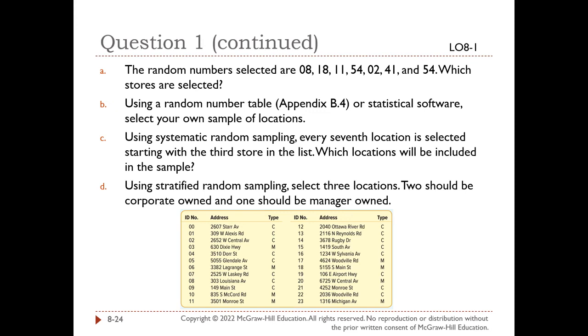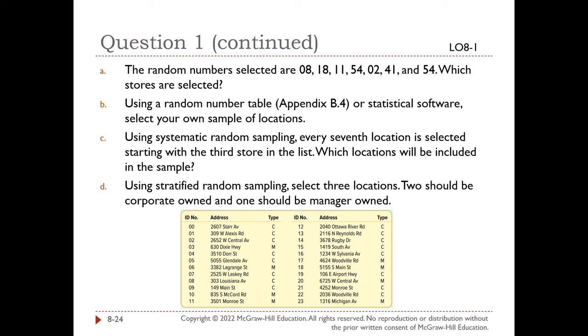Now remember, some of these are bigger. We can't use the 54 because there is no 54. Can't use 41, sorry, because again, there's no 41. We can only use 08, 18, 11, and 02.